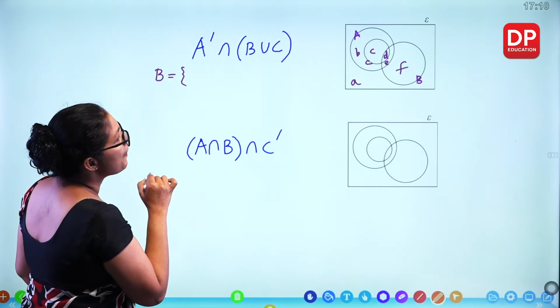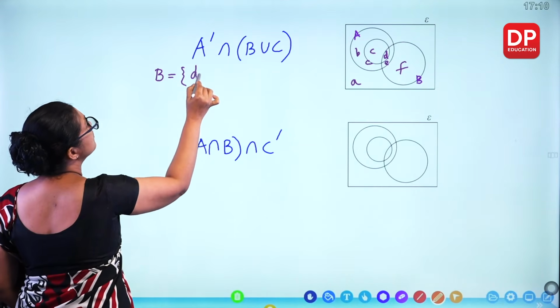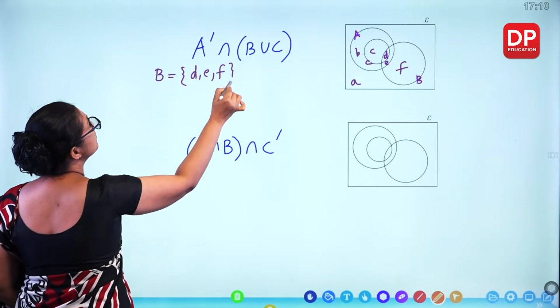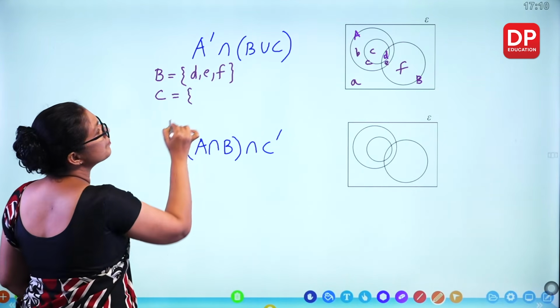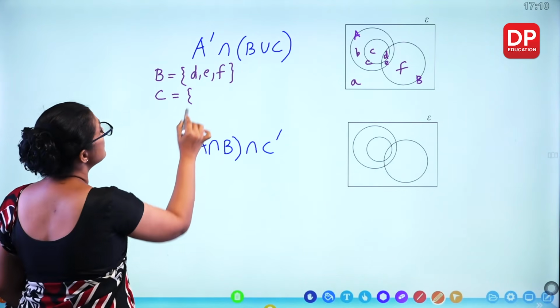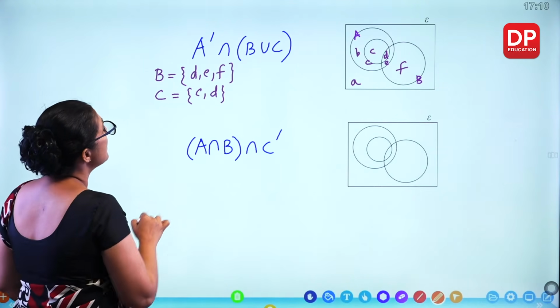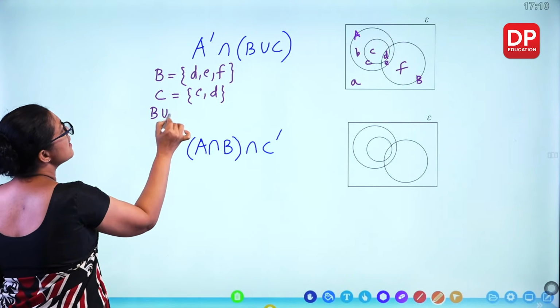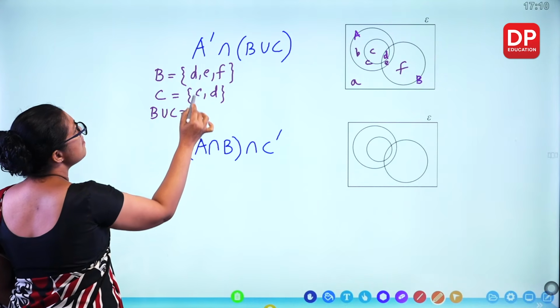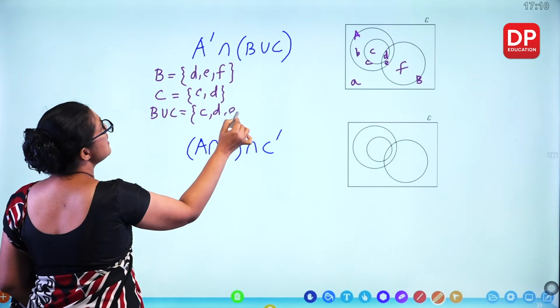B is D, E, F. C? C is C and D. Then B union C, everything inside B and D. You get C, D, E, F.